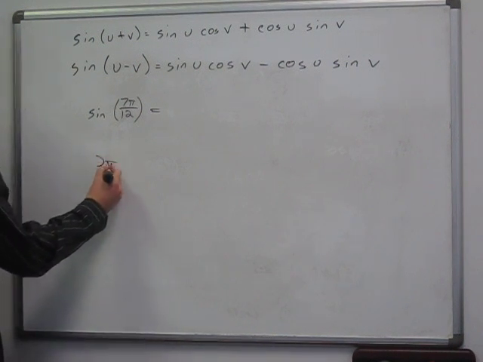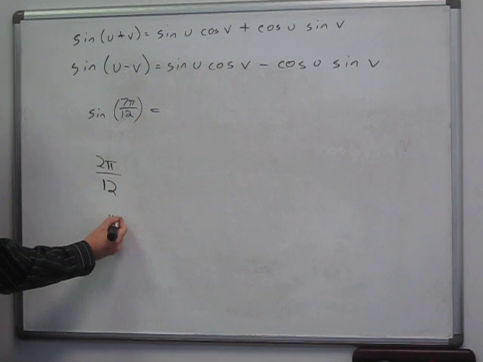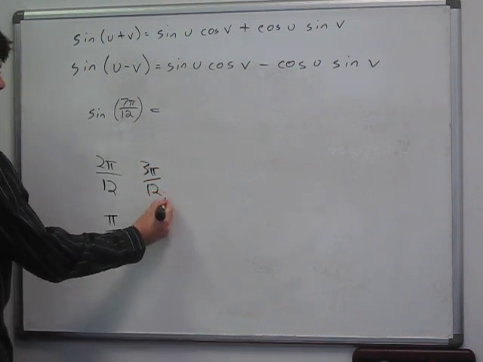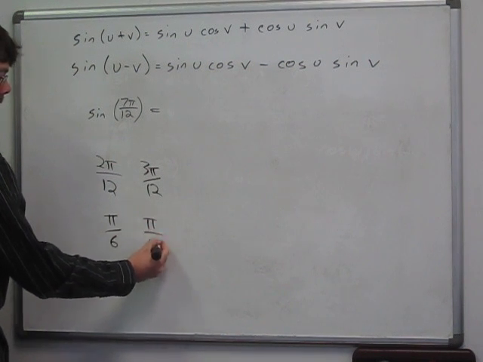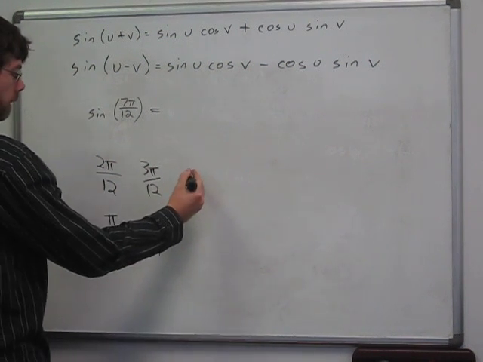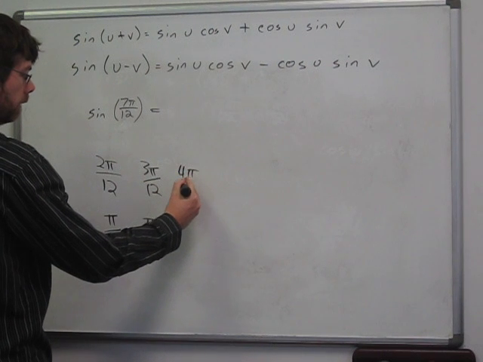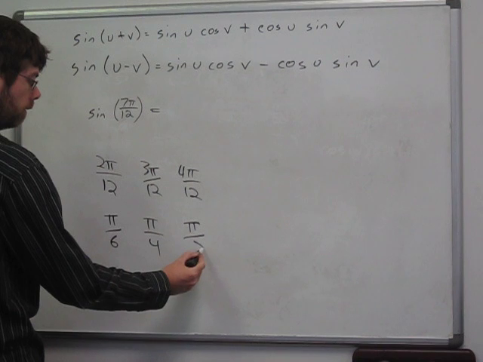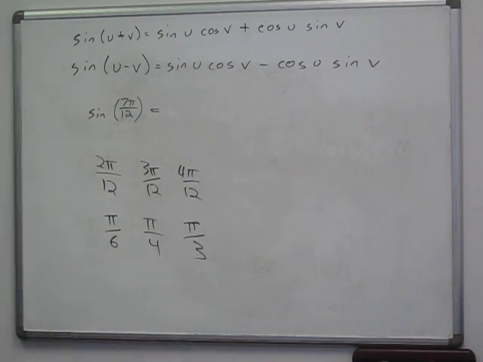2 pi over 12 is going to be pi over 6. 3 pi over 12 is pi over 4. 4 pi over 12 is going to be pi over 3, right?